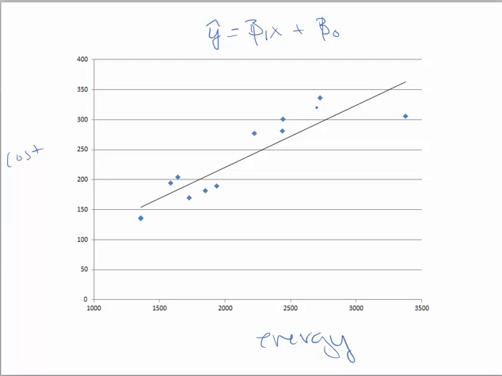Like I was saying earlier, we want to choose beta 1 and beta naught such that the sum of the squared errors between this y hat and these actual y values for these points is as minimal as possible.